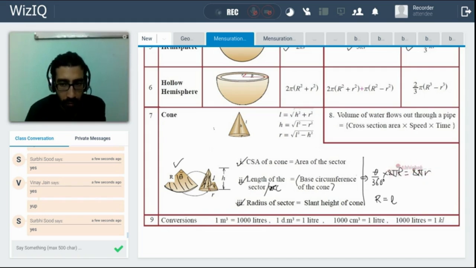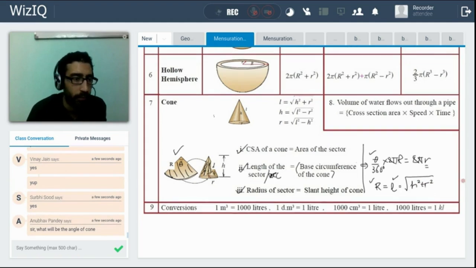So now I have everything. I have small r, which is theta by 360 into capital R. I have L, which is already equal to capital R, which essentially means L is equal to, as we had discussed, under root of h square plus r square.